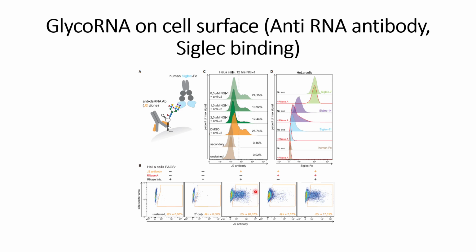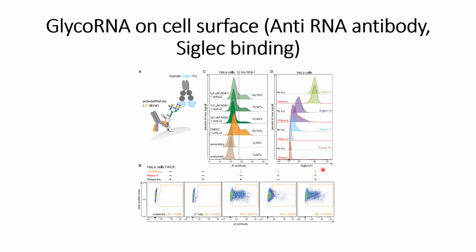And when we add this J2 antibody along with the RNase inhibitor, we can see there is an increase in the amount of J2 antibody signal. So this shows that GlycoRNA are present on the cell surface, and when they did not add this RNase inhibitor, there is a decrease in the signal.